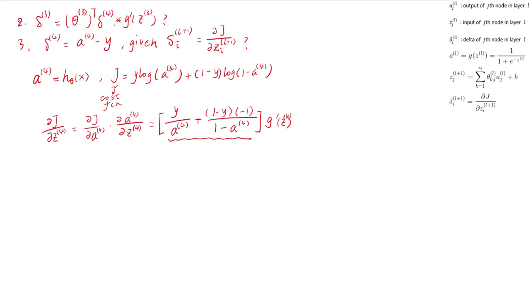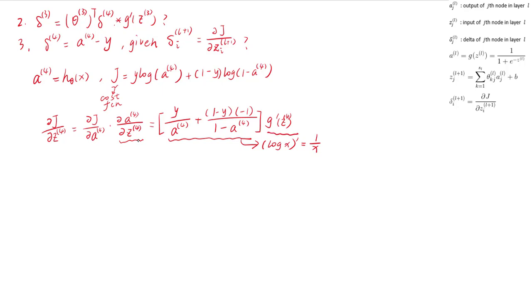As for this part, I'm actually using the fact that the derivative of log x is equal to 1 over x. And as you might notice, the derivative of a4 over z4 is just g prime z4.